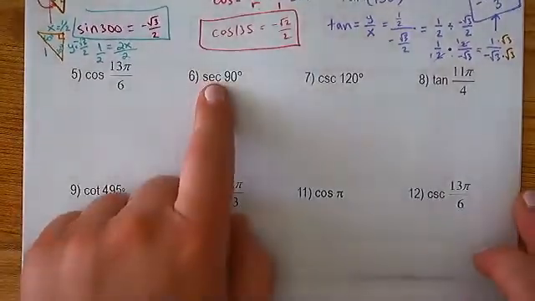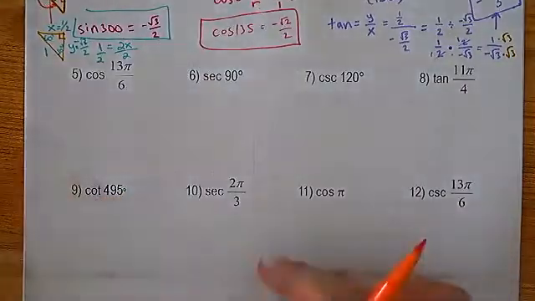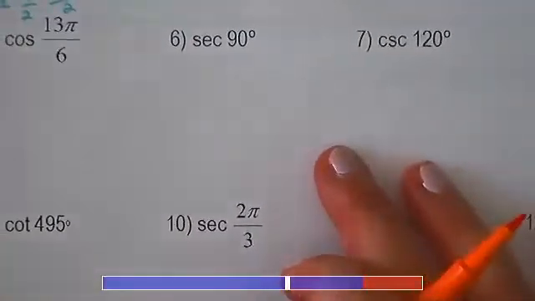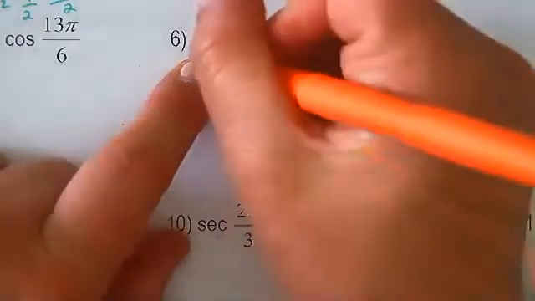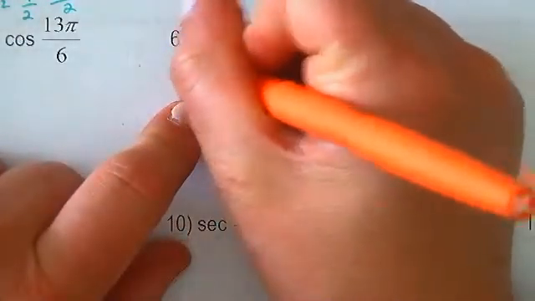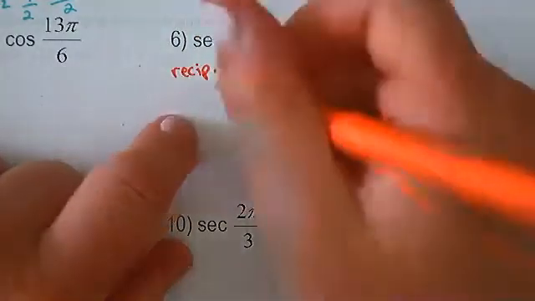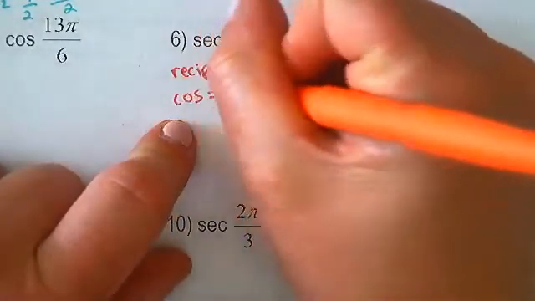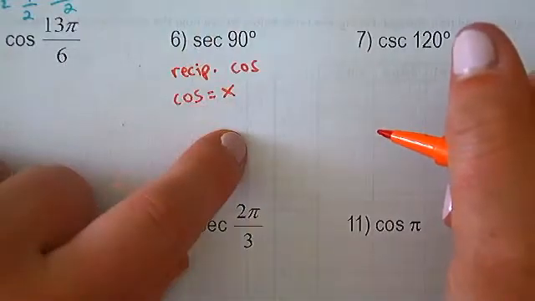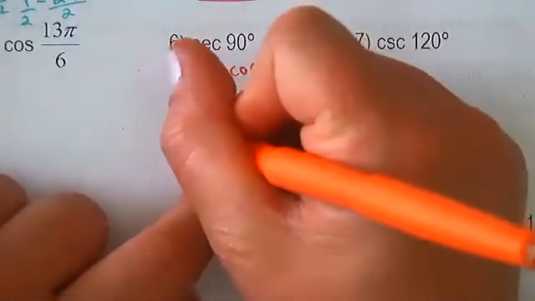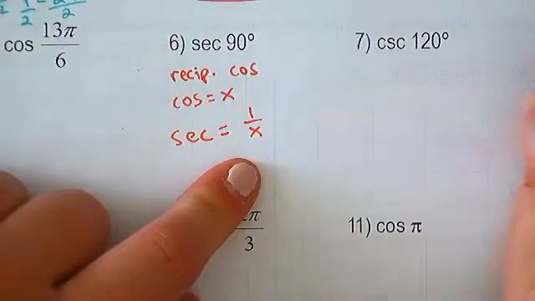Let's see what a secant would look like. So secant, again, is the reciprocal of cosine. So if cosine is just equal to x, or x over 1, then secant is equal to 1 over x.